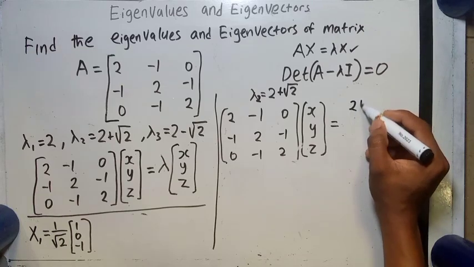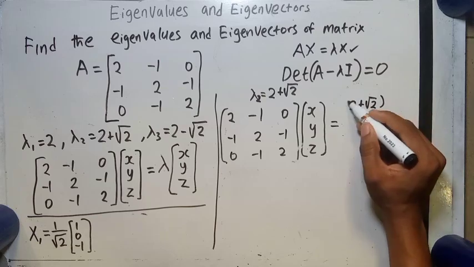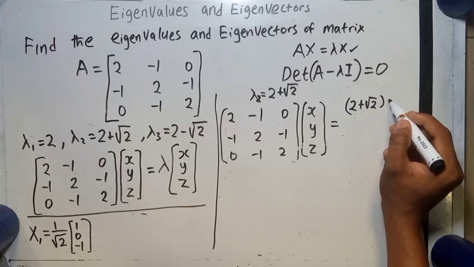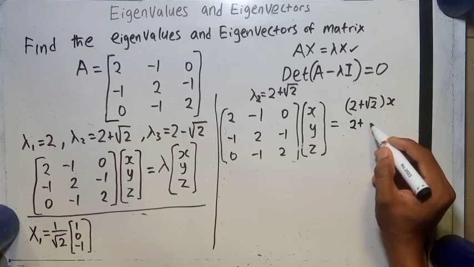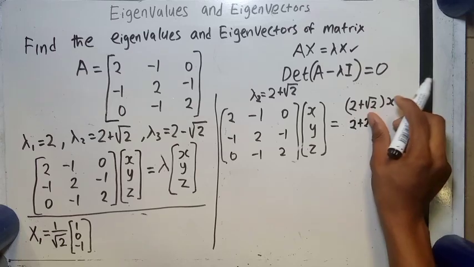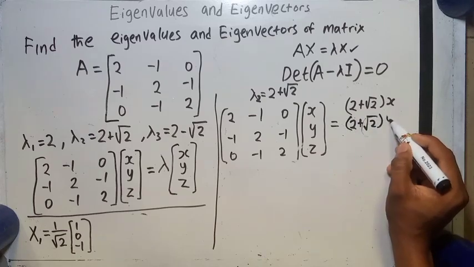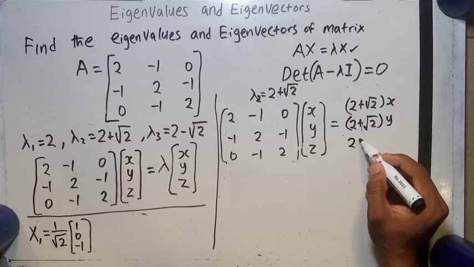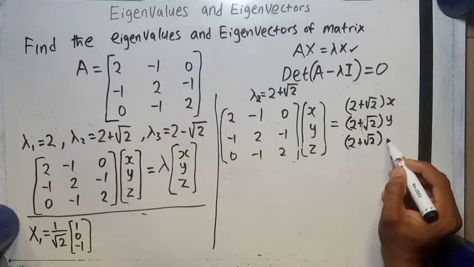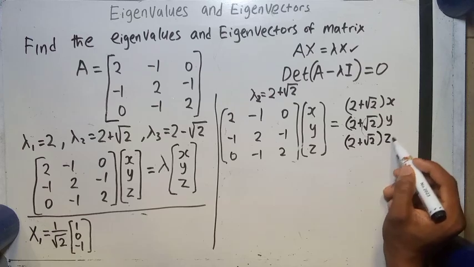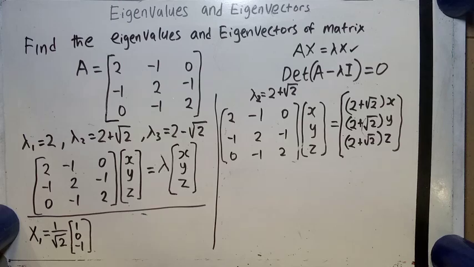So 2 plus root 2 all multiplied by x, 2 plus root 2 all multiplied by y, 2 plus root 2 all multiplied by z.